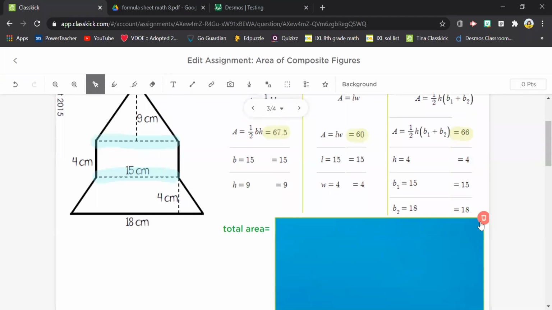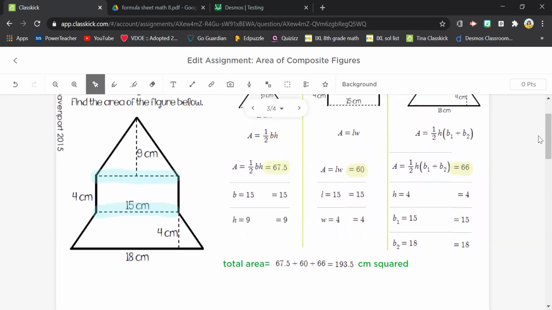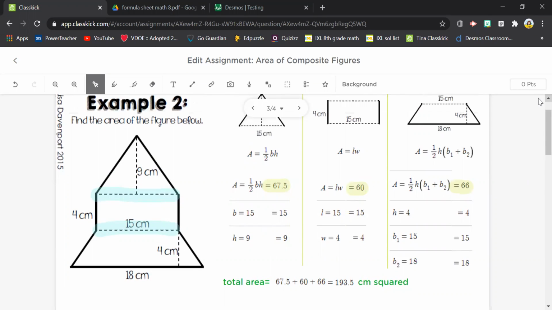So the total area, I'm just going to add these three values up and I get 193.5 centimeters squared. It is going to be squared because we are talking about area. Okay? I'm going to give you just a minute to look at this one.